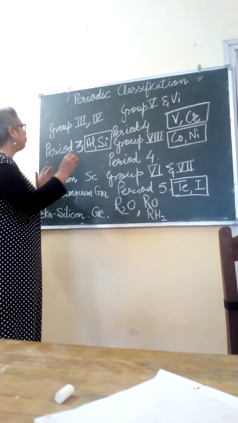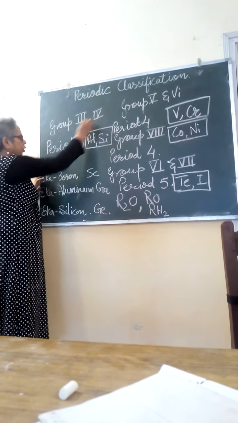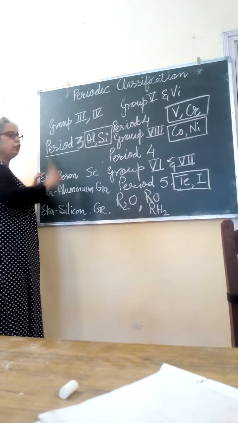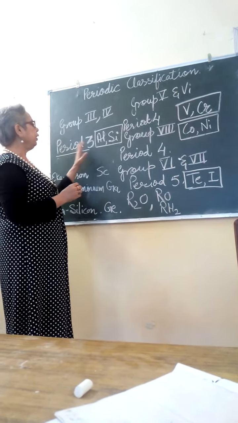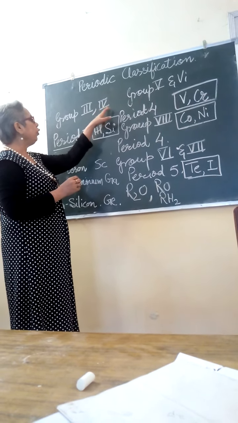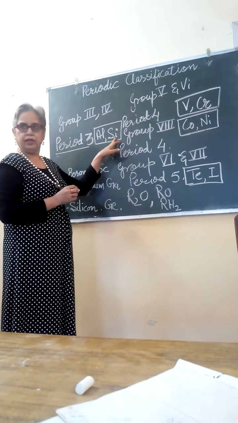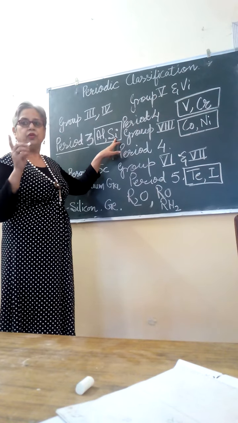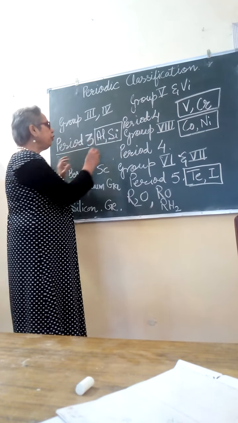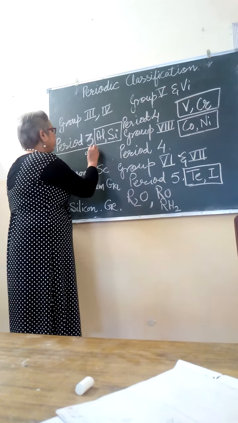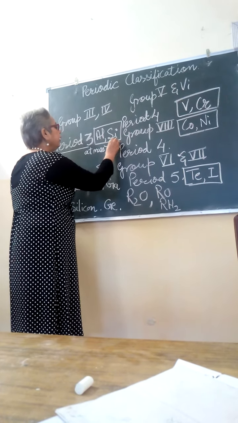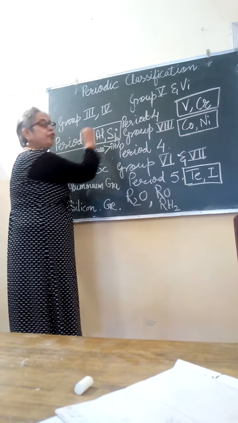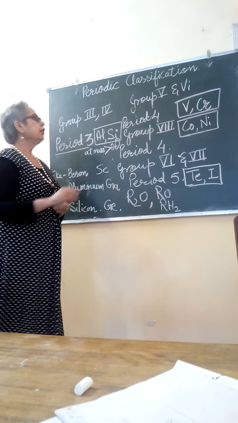Students, if you refer to group 3, period 3, you will find aluminium. Group 4, period 3, there is silicon. Okay? Just look at this in your book. You will find atomic mass of aluminium is greater than atomic mass of silicon, right?